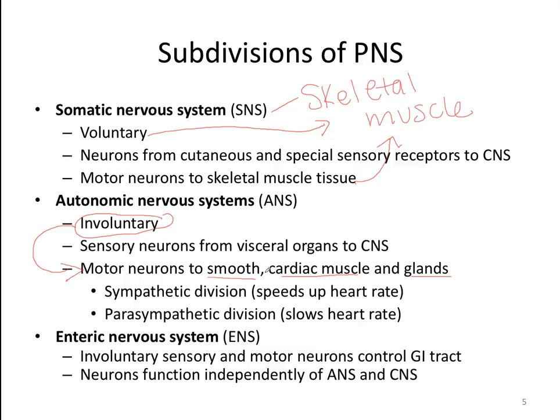So we know from the muscular system that smooth and cardiac muscle are involuntary, and I bet you can't secrete extra spit on purpose, so you can prove to yourself that glands are involuntary as well. Sensory organs in this system go from your viscera to the central nervous system. So for example, tummy ache, or monitoring blood pressure.